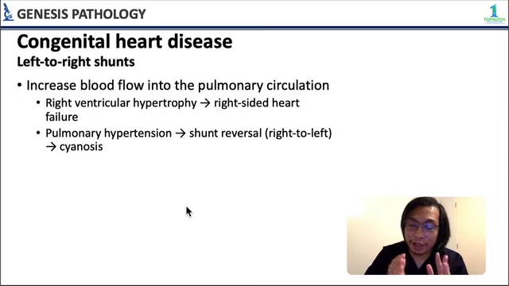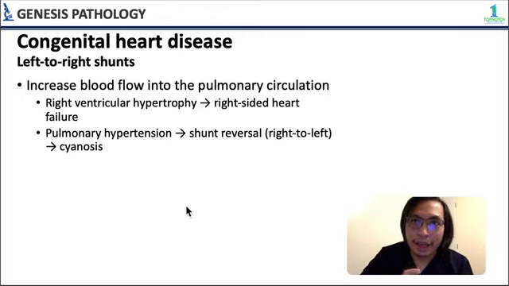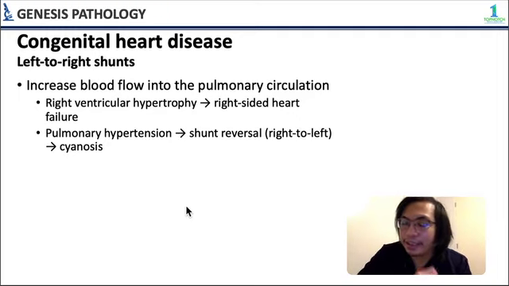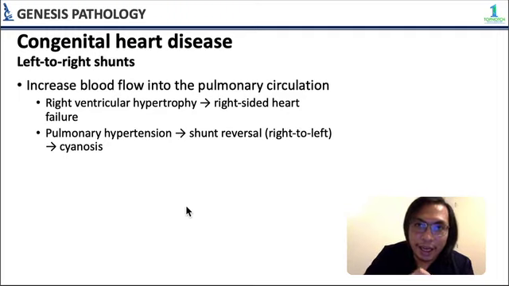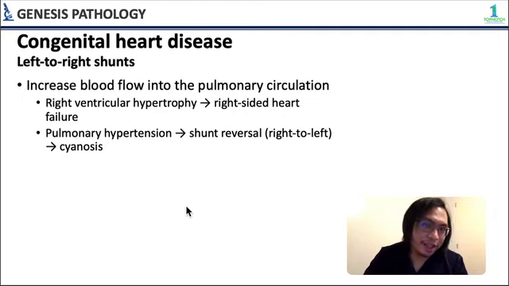Since mas mataas na yung pressure sa right ventricle, it will now push blood from the right to the left. Now, sa right side of the heart, hindi pa siya nakakapunta sa pulmonary circulation, right? Galing siya sa systemic circulation. What do you think will happen? Ano ba yung blood sa right side of the heart? Is it oxygenated or deoxygenated? Deoxygenated.